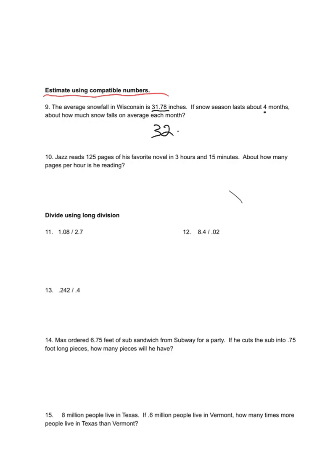And then we're going to take that 4 and divide it. 32 divided by 4 equals 8. So it snows on average each month 8 inches in Wisconsin.